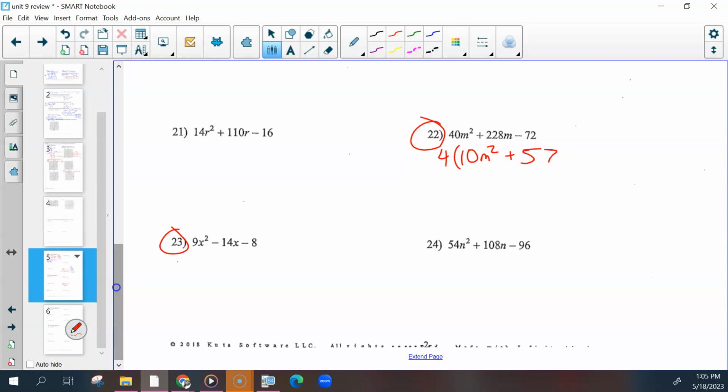57. Minus, what was the last one? Then the rules are slightly different with this one because you no longer have 1 in front of whatever squared. So take the first and the last and multiply those together.